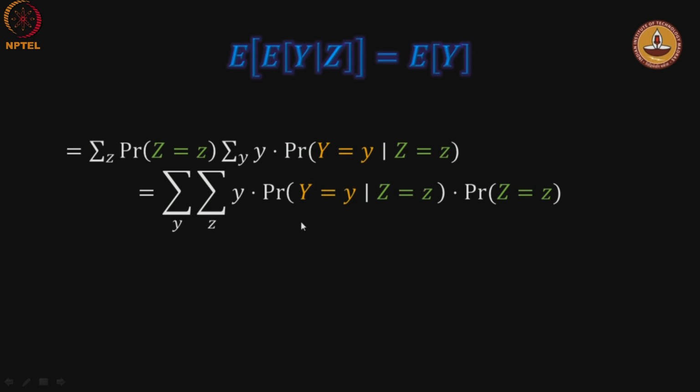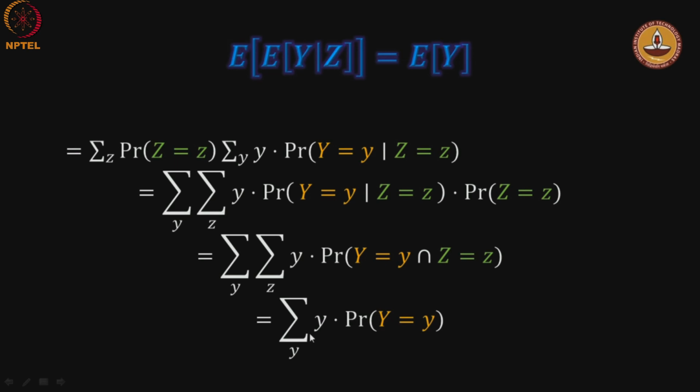What we have here is a conditional probability of y equal to a specific value of lowercase y conditioned on this value of z, times the probability that z will take that value. This is simply nothing but the probability of y equal to y intersected with z equal to z. This is just the conditional probability formula.